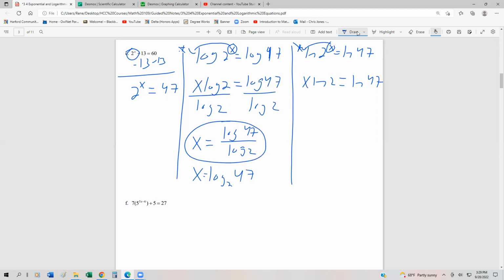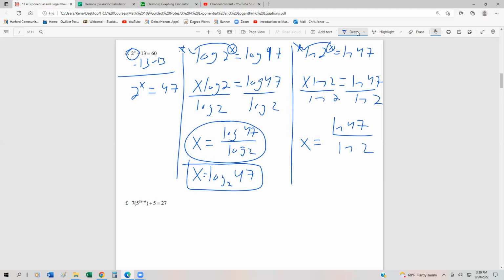I believe that what I circled is the way that my math lab wants it. But just in case you see it the other way, you know that you can write it both ways by using the change of base formula. Over here, we would divide by ln 2, and x would be equal to ln 47 divided by ln 2.